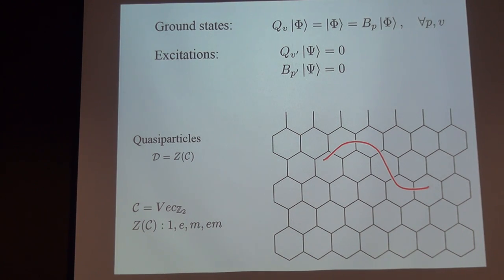That's how you input the data to define the Levin model. And the quantum double means you have a Z2 charge, and you have Z2 flux, and also the charge-flux complex. In general, this procedure can be generalized to any unitary fusion category.